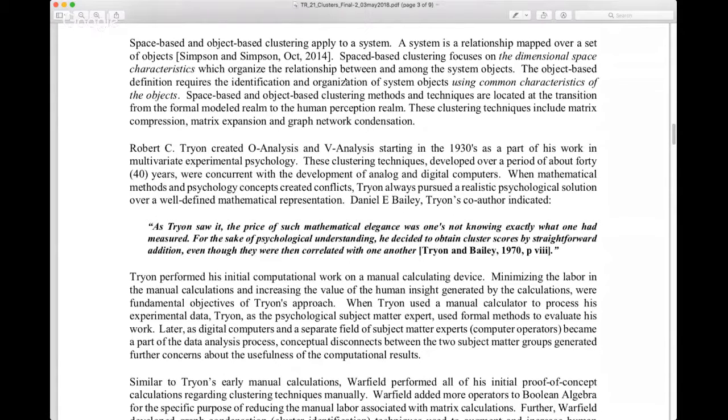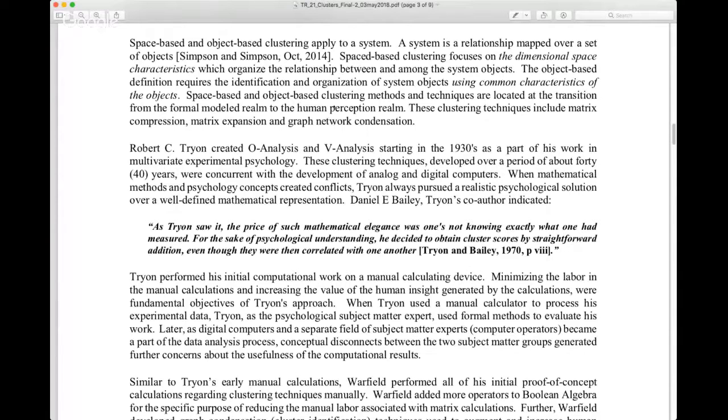The story goes that Tryon got tired of doing not only his data analysis, but his wife's. So the first book he wrote is basically a desk instruction for his wife on how to calculate the data herself so he wouldn't have to do it.